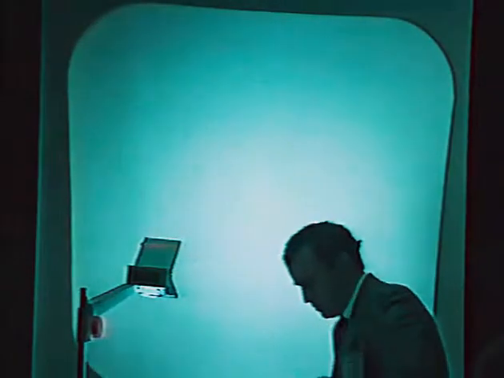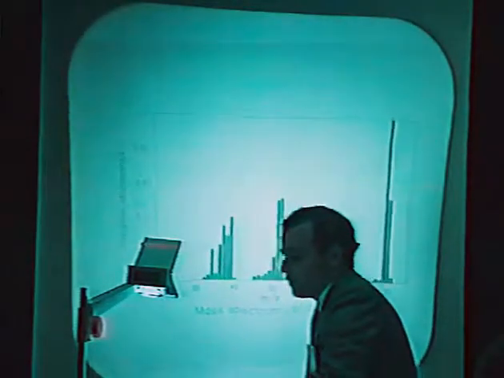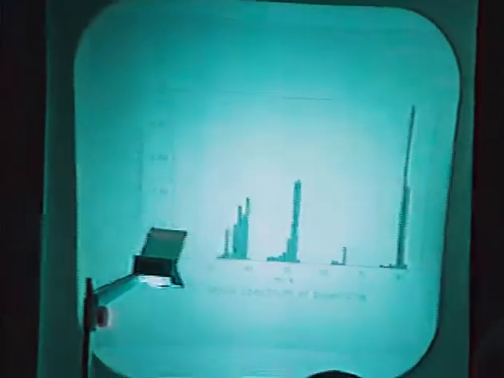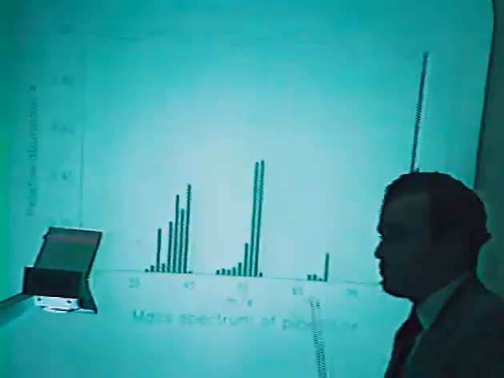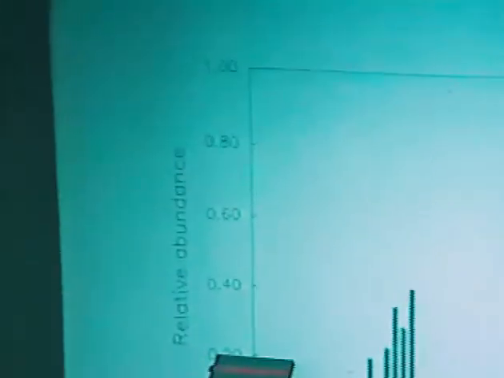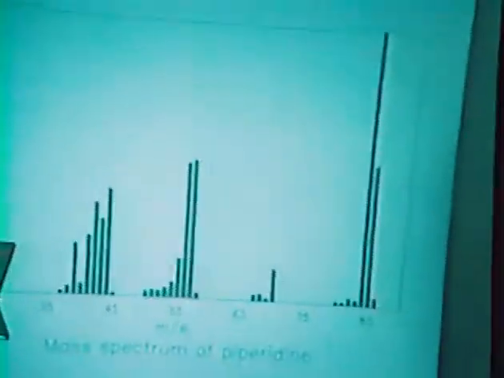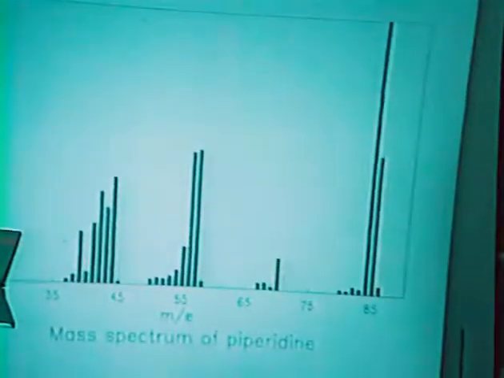Now, in order to give an explanation to the third objective, whether the alpha hydrogen is labile or not, we took a sample of the piperidine that was evolving from the control chamber in the diffuse reflectance spectroscopy, and we took it to a mass spectrometer.